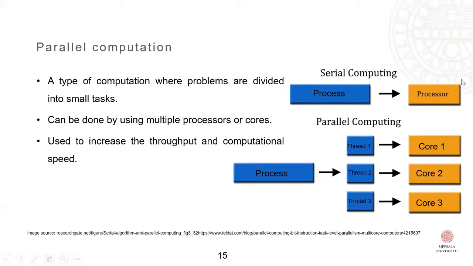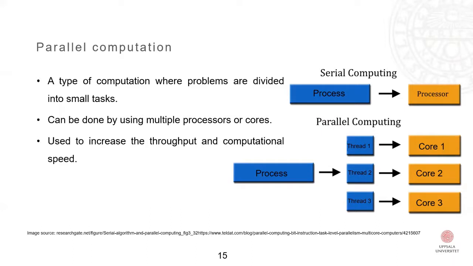So you see here, first, before multi-core computers, we had only serial computing, meaning that we would feed a process to a processor, and we could only have one process at a time. Although we had multitasking and we would benefit when such processes are idle and waiting for I/O, still we had just one processing unit.